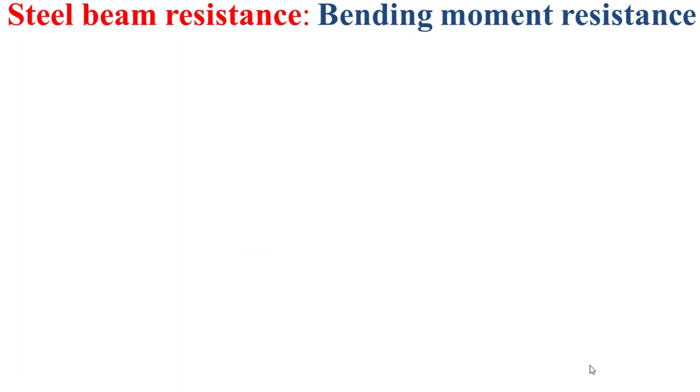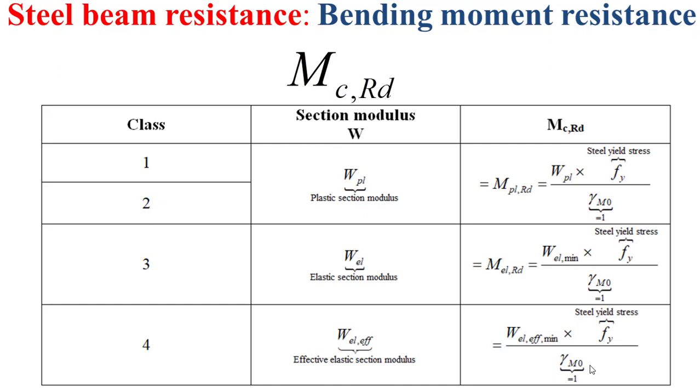Now for the cross-sectional bending moment resistance MCRD, it's determined based on the table that you see now in the slide. As you can see, MCRD depends on the class of the cross-section, and here you can notice that for the class 1 and 2 we use the plastic section modulus, and as I explained in the previous video, the cross sections class 1 and class 2 are characterized by their plastic behavior when they are subjected to bending moment.